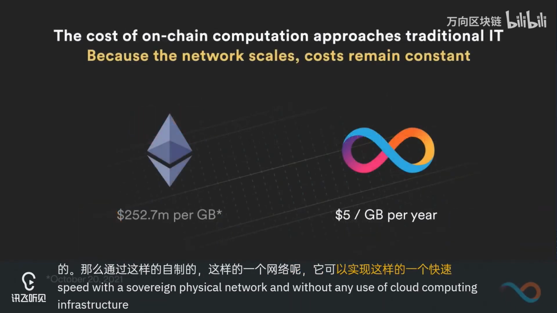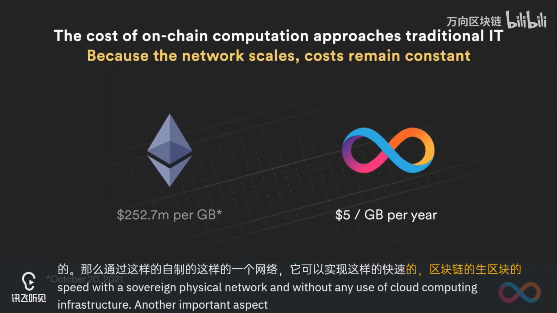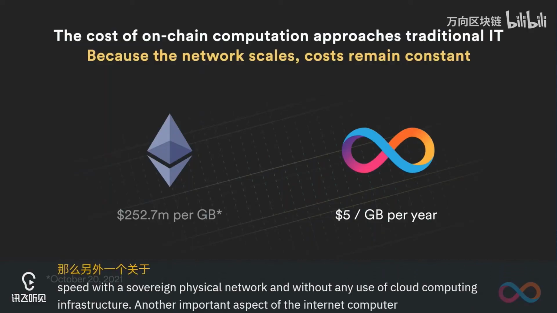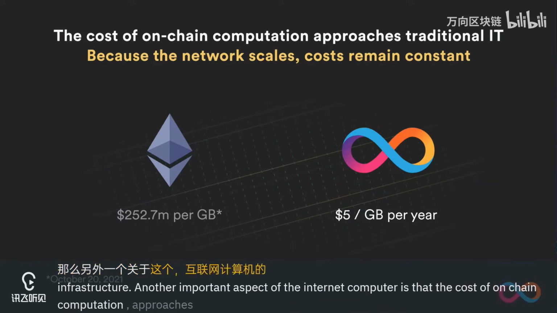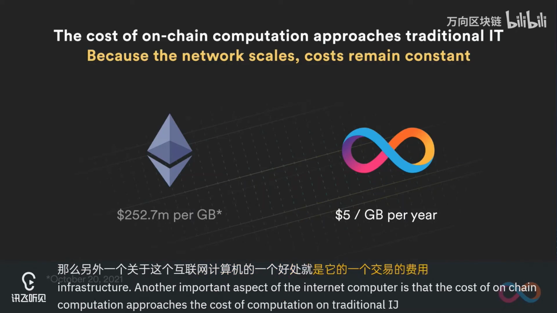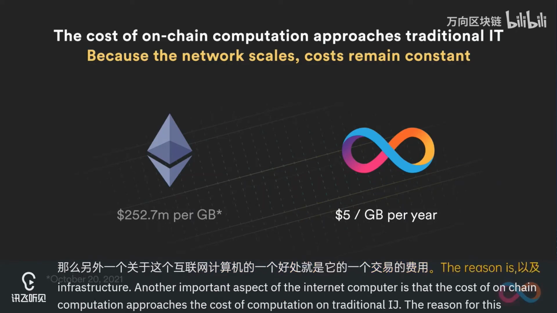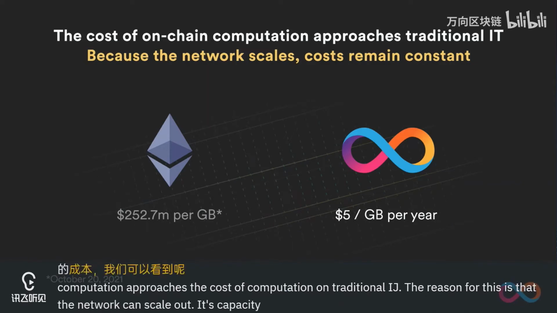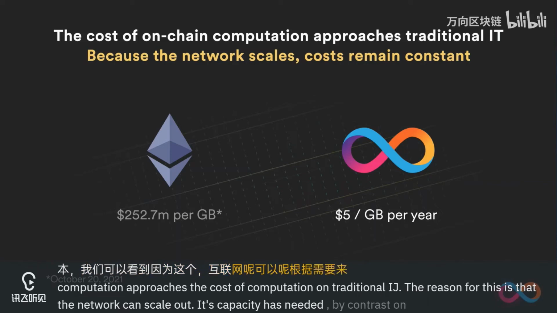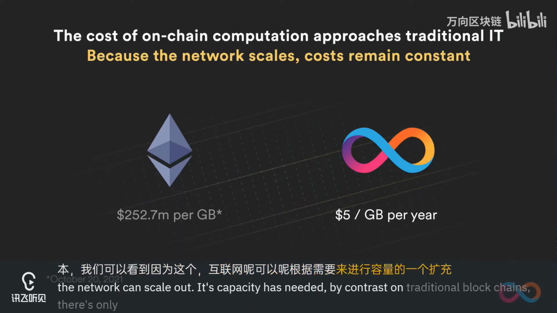Another important aspect of the internet computer is that the cost of on-chain computation approaches the cost of computation on traditional IT. The reason for this is that the network can scale out its capacity as needed. By contrast, on traditional blockchains, there's only a fixed amount of capacity.